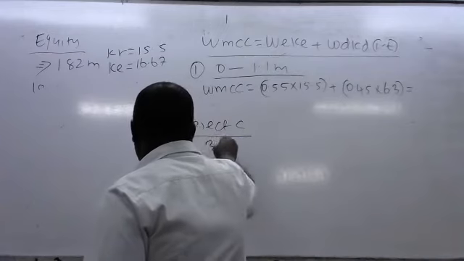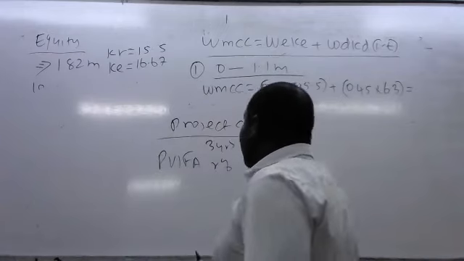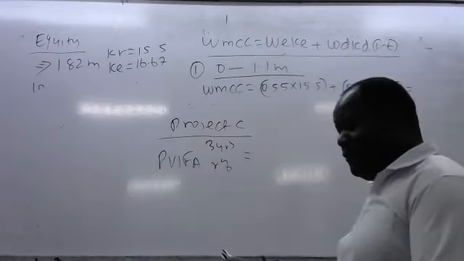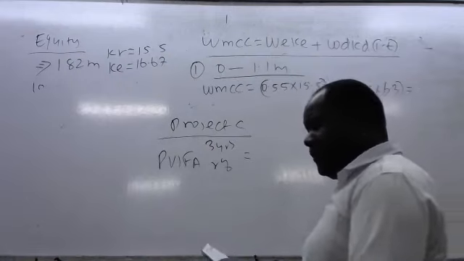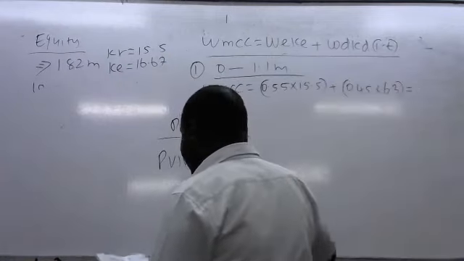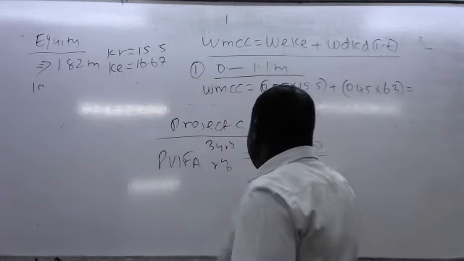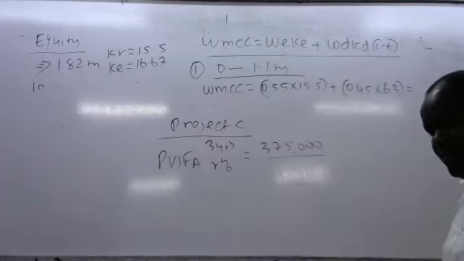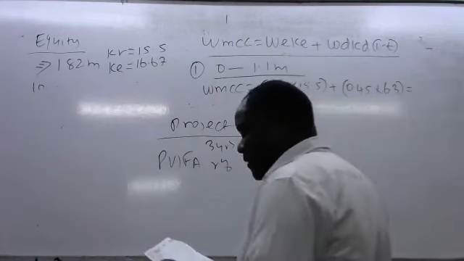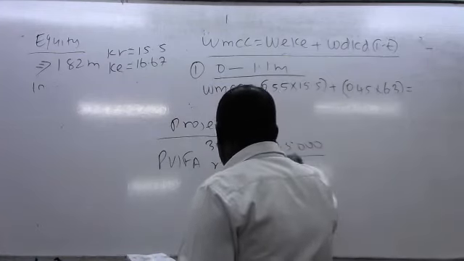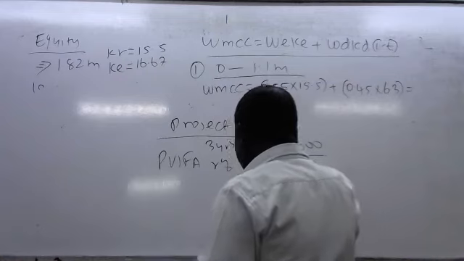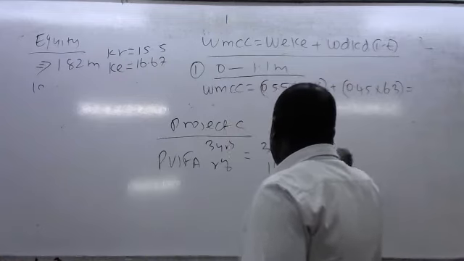The present value for the cash outflow is 375,000. This one we divide by 161,524.